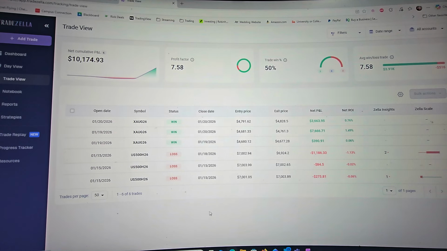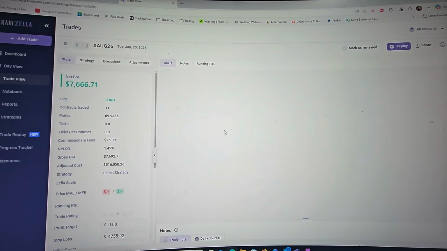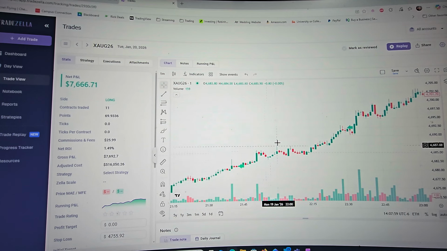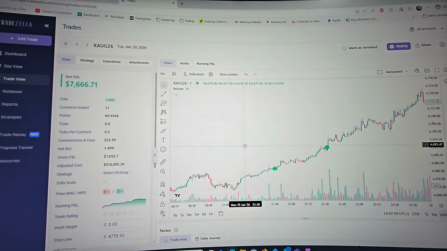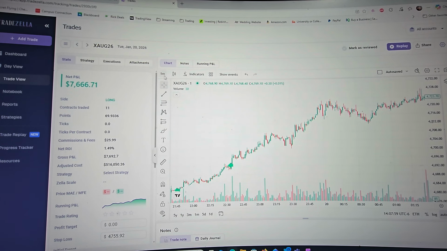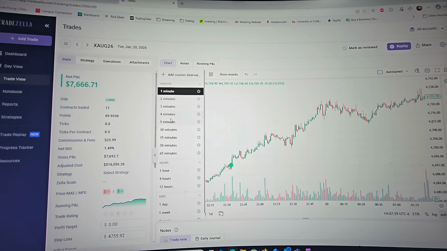And if I want to mark on this trade, the previous one first of all, running P&L, okay. And TradeZilla also gives you, let me put this in the 5-minute time frame.